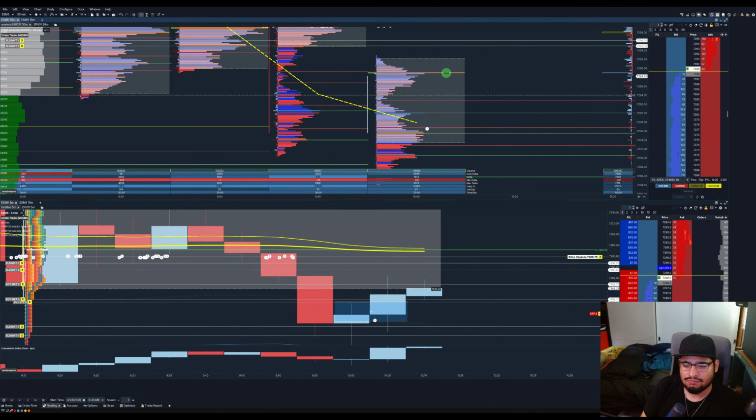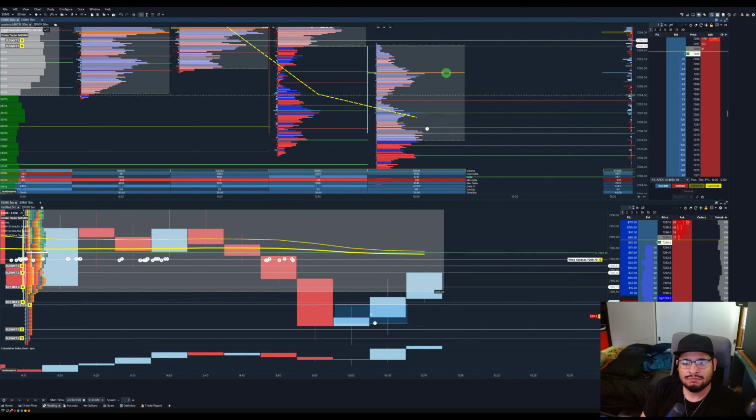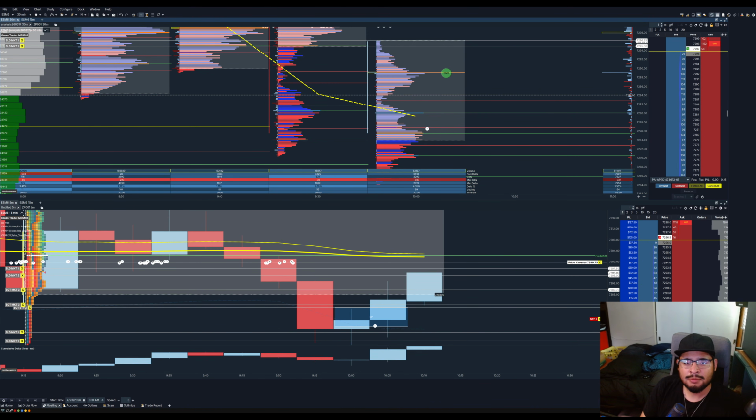Hmm. I was close to lowering my position size to a micro instead of 3. We're getting a push up now though.